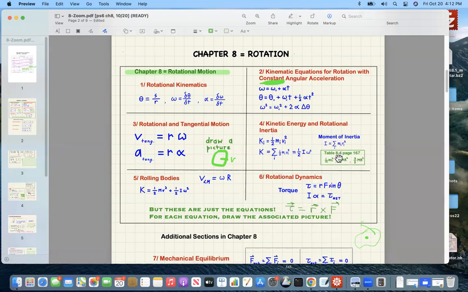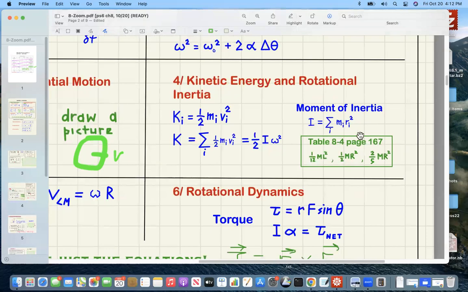And in table 8.4, that's page 167, it gives the results for the moment of inertia for various shapes. So for example, if the rotating object is a rod and the axle is in the middle of the rod, so the axle is at the center, then the moment of inertia, this I, is 1/12 m l squared, where L is the length of the rod.